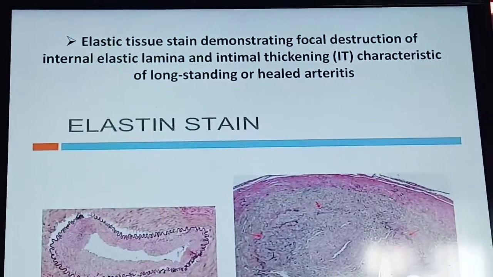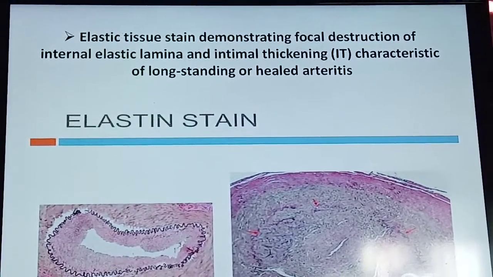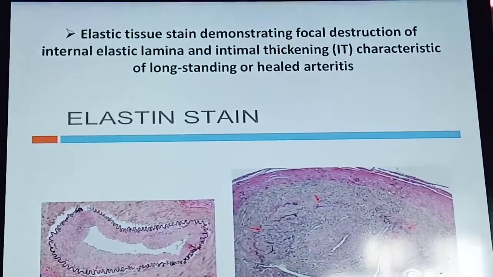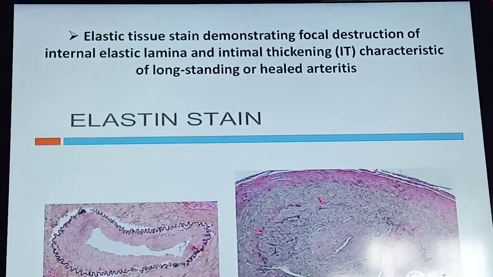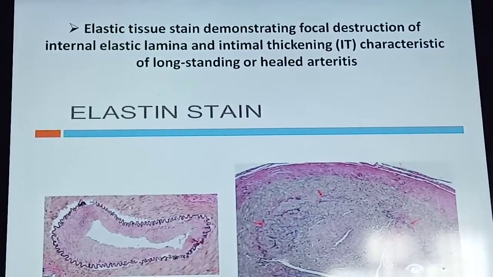The elastin stain is a specific stain demonstrating focal destruction of the internal elastic lamina and intimal thickening. These are characteristic of long standing or healed arteritis.